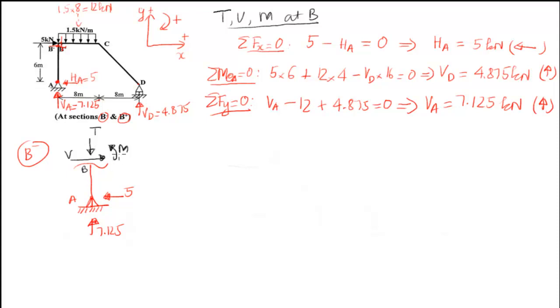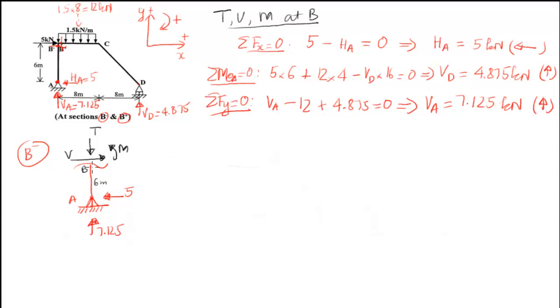So this is my assumption, and this one is 6 meters as well, from here to here 6 meters, right? Now easy now, because they want you to find TVM, right? So you got a structure like this, and you got TVM unknowns.